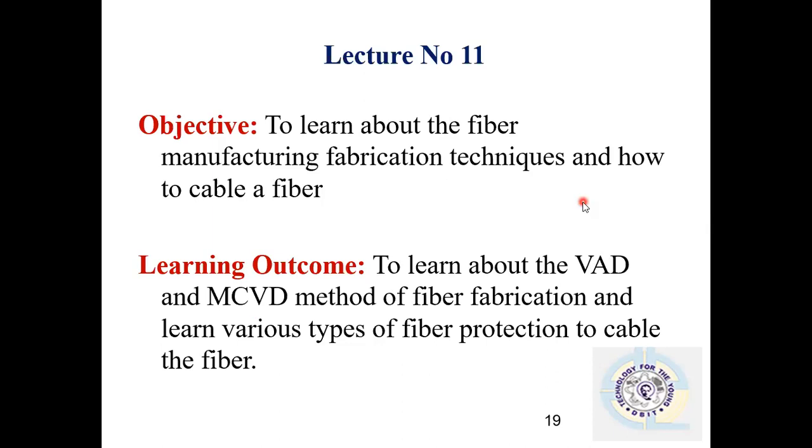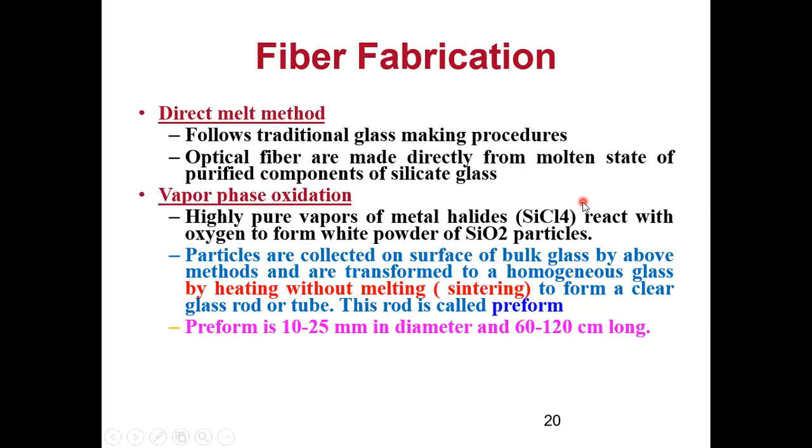So I'll show you the fiber drawing tower. This slide I had shown you last time. We have the vapor phase oxidation methods. What we do in this method is SiCl4 reacting with oxygen to form SiO2. Now this SiO2, either I collect it outside or I collect it inside the tube, or inside a particular chamber, that we will see.